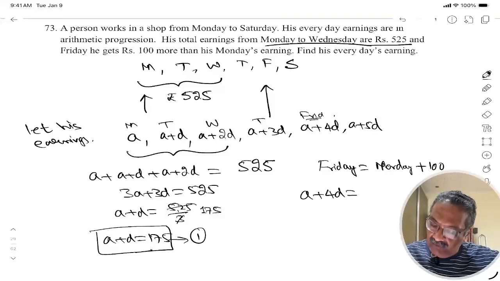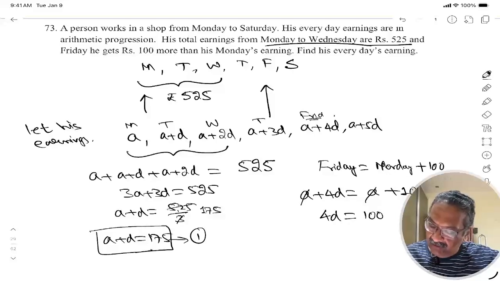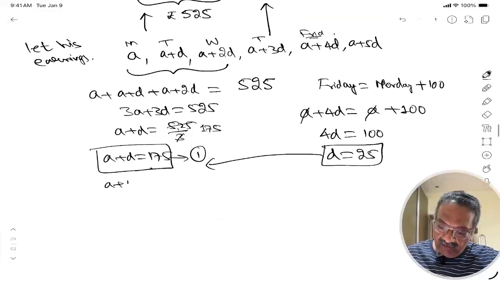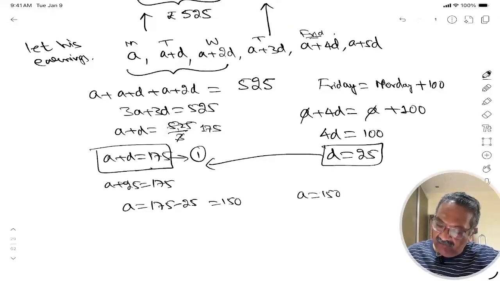A plus 4D is equal to Monday, which is A, plus 100. So A cancels and we get 4D is equal to 100. Hence D is equal to 25. Now putting this value in the first equation, we get A plus 25 is equal to 175. A is equal to 175 minus 25, which is 150. So we get A is 150.